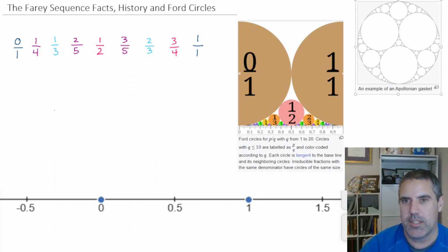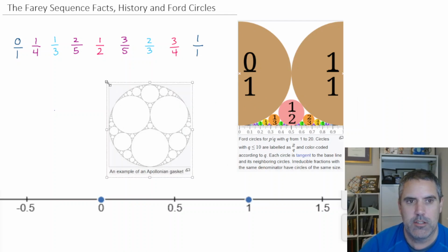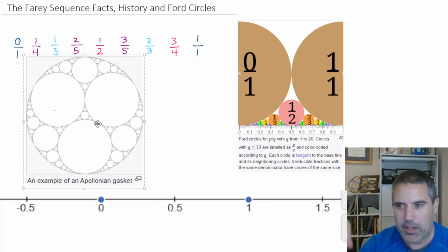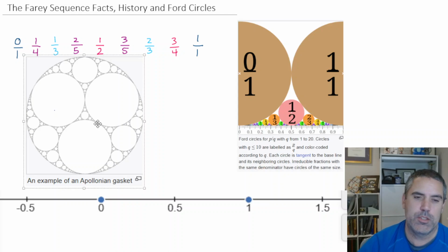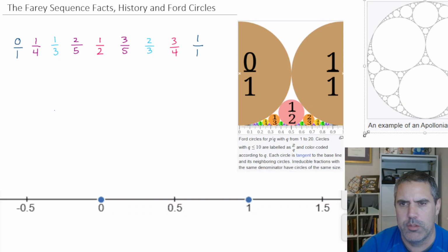Now, the history of studying tangent circles is old. There's this thing called Apollonian gasket, where it's a fractal where you continue to remove circles. And I'm going to show you something like that in just a second that's related to this. And that's related to circle packing, which I've talked about in other videos. But that was a Greek mathematician, Apollonius.